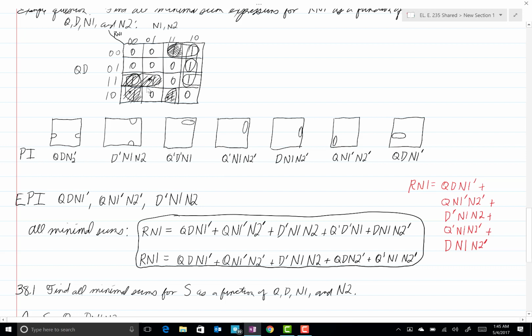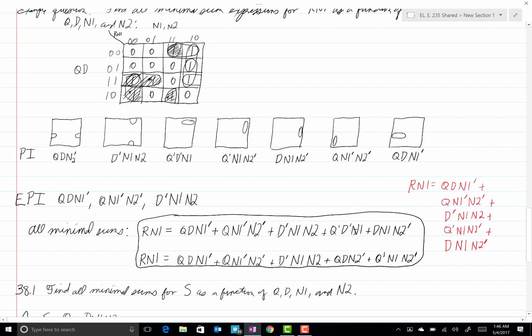And so once we've shaded in those three terms, then what remains is these three cells here. We need to come up with extra terms to include that will account for those three. And of course, we're going to choose from the prime implicants that we identified.